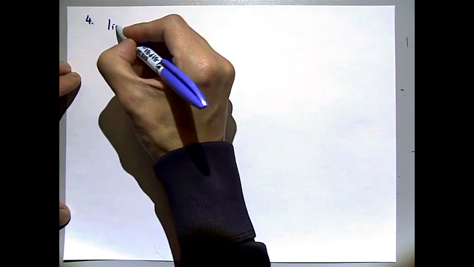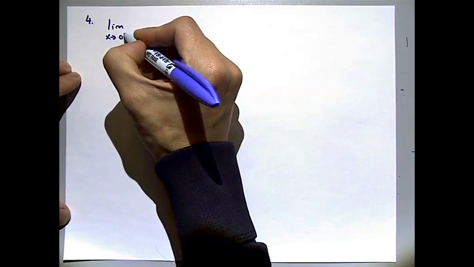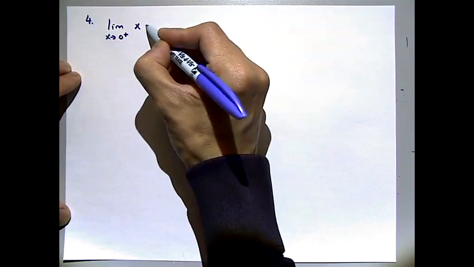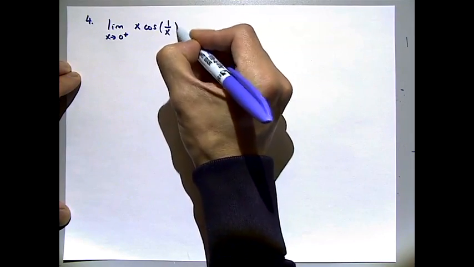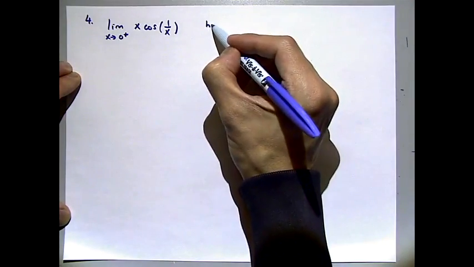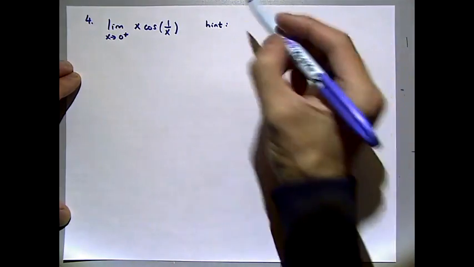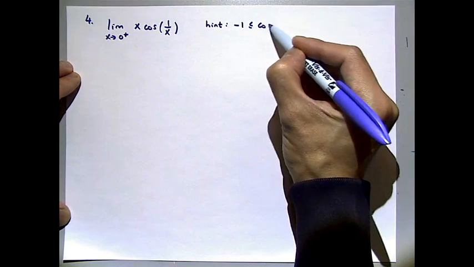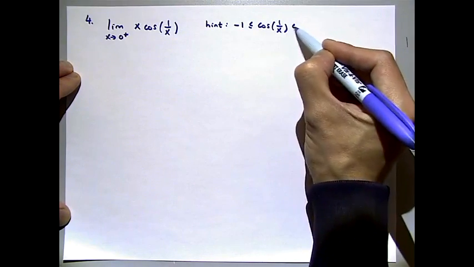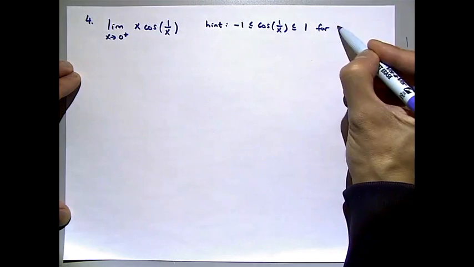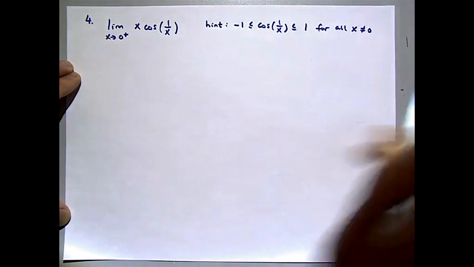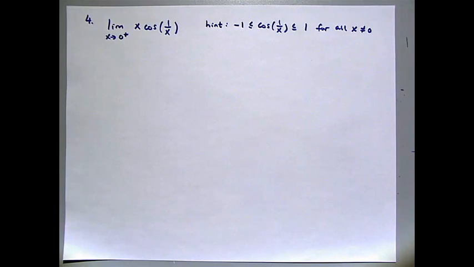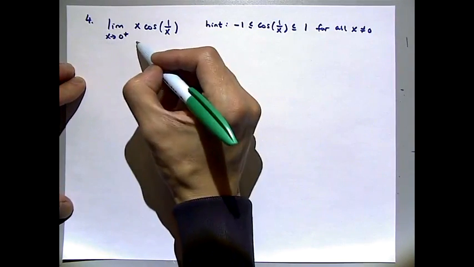Moving on, number 4, evaluate the limit as x goes to 0 from the right-hand side of x times cosine of 1 over x. Here you're given a hint. Okay, the hint is useful because if you look at the limit right here, when x approaches 0, this obviously goes to 0.